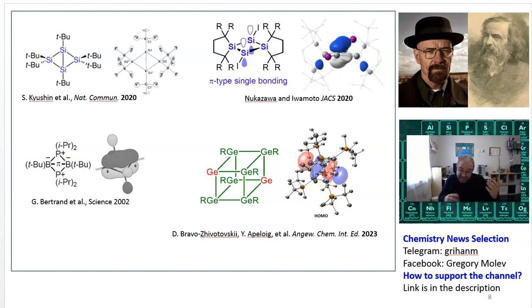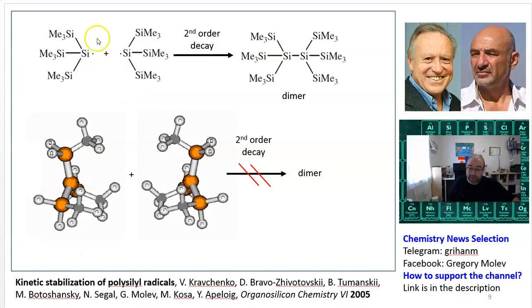Now allow me to take a step back and tell about our old work about interaction between two separate radicals, and then we go back to this idea. When you take this radical with trimethylsilyl groups on the silicon, it forms a dimer right away.